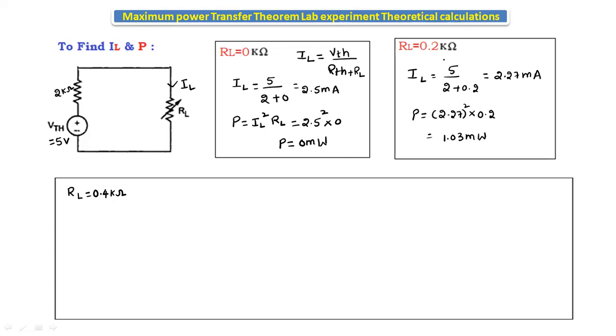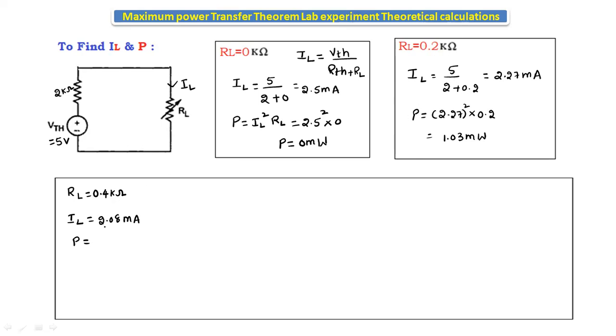For every 0.2 kilo ohms, we will calculate the load current as well as the power. For 0.4 kilo ohms, we will get IL is equal to 5 divided by 2 plus 0.4.